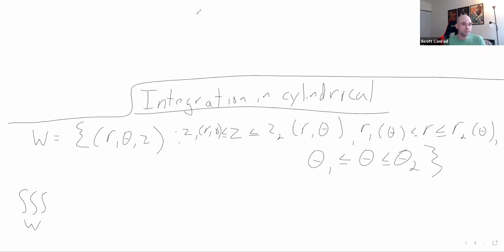So if this is our region W we're integrating over, we're going to integrate with respect to z first. We're always going to integrate with respect to z first when we do cylindrical. So we're integrating a function f of x, y, z over such a region W, where we can use cylindrical coordinates to describe this nicely. The way we do that is we do what we did with polar.